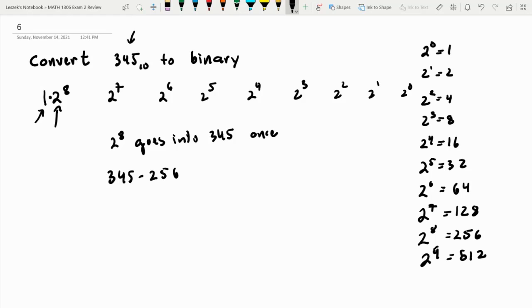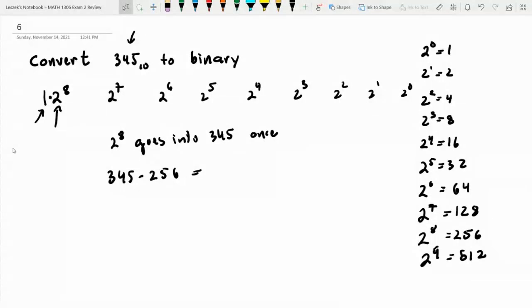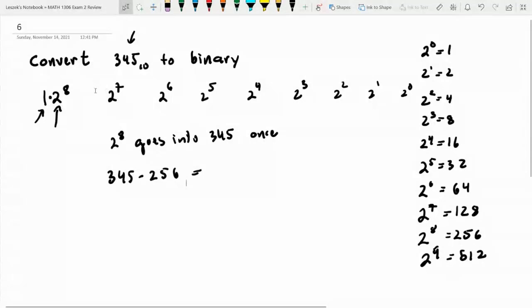So we subtract 256, and we get, where's my calculator? Let's see, 89. Okay. So we have 89 left over.